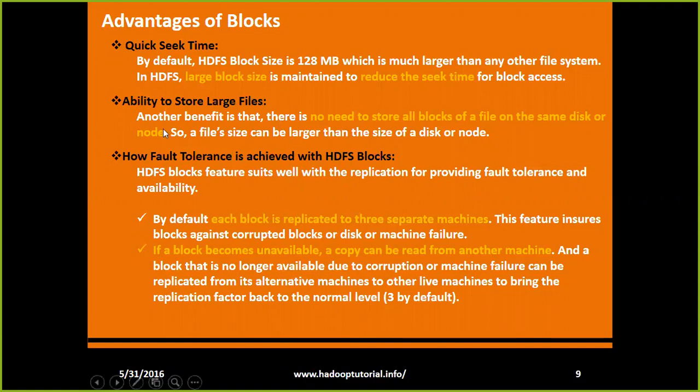Another benefit: no need to store all blocks of a file on the same disk or node. If you divide a huge file into multiple blocks, you don't need to store that entire file on one machine. You are distributing the storage load onto multiple machines, leveraging multiple machines at a time. That helps while processing as well.